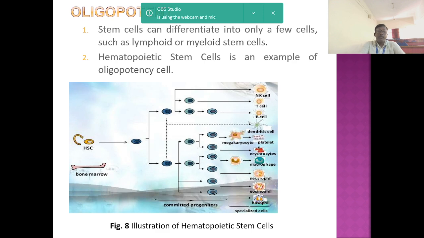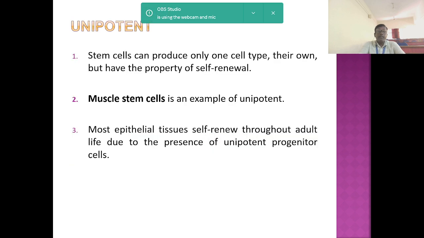The basic example is hematopoietic stem cells. From the hematopoietic stem cell, it can be differentiated into NK cells, T cells, B cells, dendritic cells, platelets, erythrocytes, macrophages, neutrophils, eosinophils, and basophils.